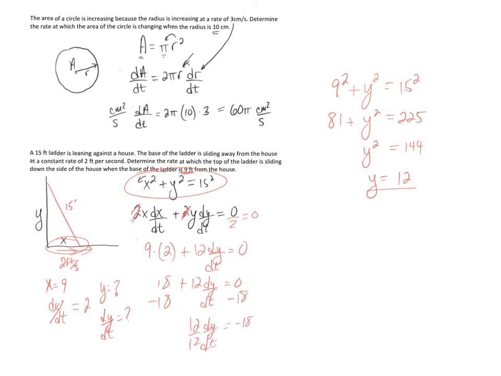Then divide by 12 on both sides, and you get negative 18 over 12, which reduces to negative 3 over 2. So dy/dt is negative 3 over 2, and that would be feet per second. That means it's sliding down the wall at 1.5 feet per second, or 3/2 feet per second. There you go.